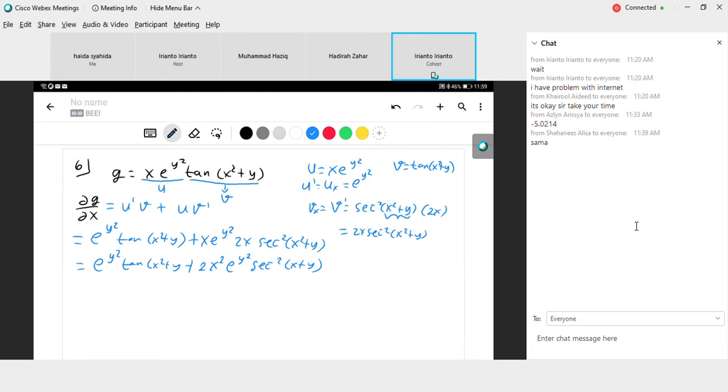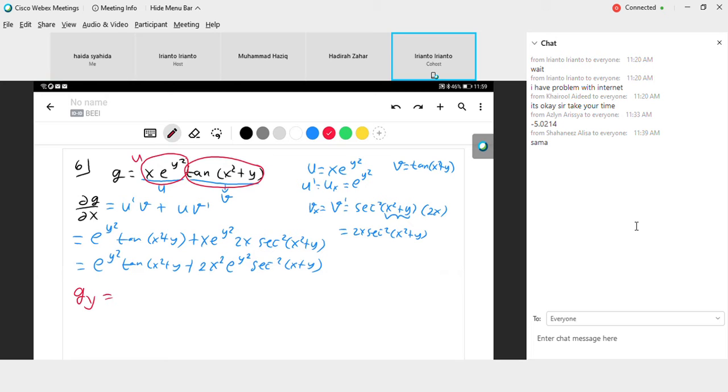Now, if we want to find the first derivative with respect to y, we still need to do the chain rule. Why? Because this part consists of y, which is y², so you can use this as u. This part also consists of y, so this one will be v.